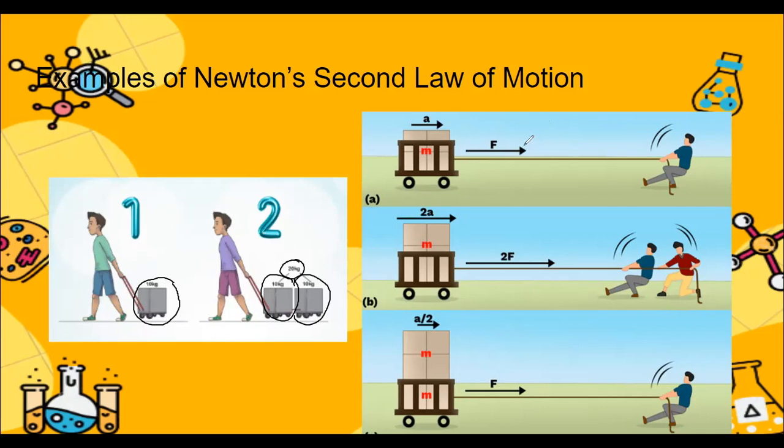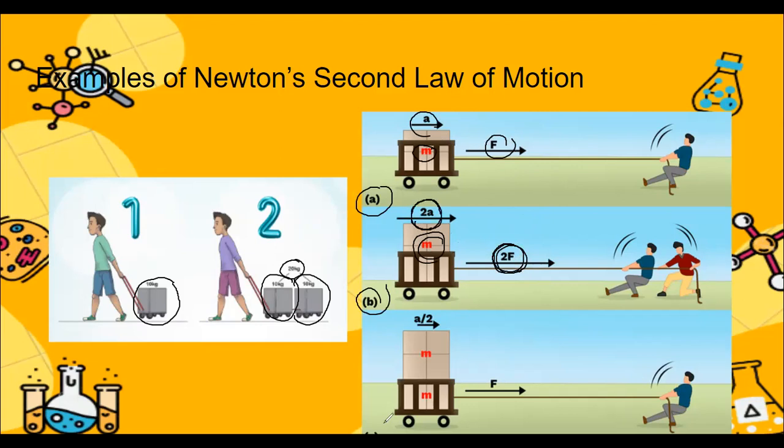Next, on the left side, look at illustration letter A. He is pulling a trolley with a heavy object. In letter A, we have one mass and one force, which results in an acceleration. In number 2, if it has lesser mass but you exert greater force, it results in greater acceleration.